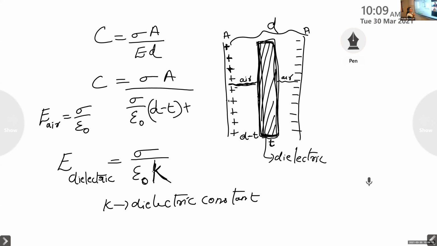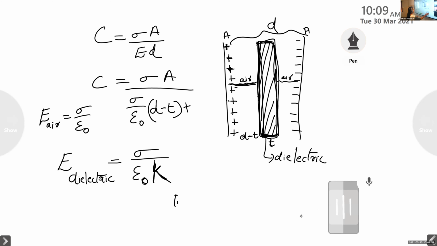Okay, so it is also known as the dielectric constant, or the relative permittivity of the dielectric.